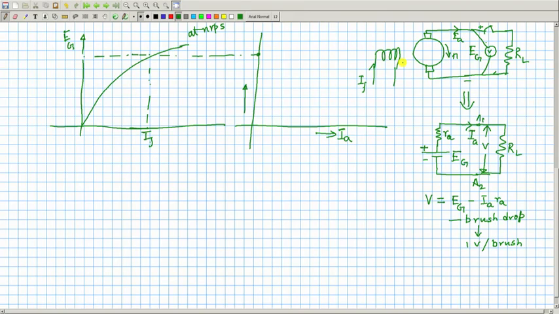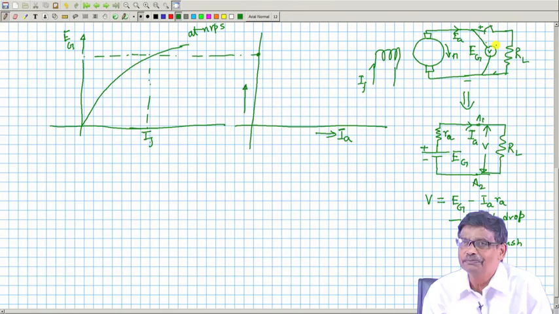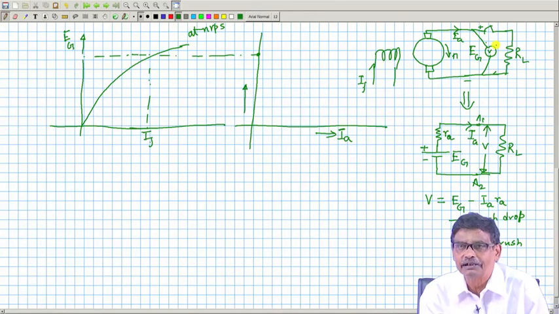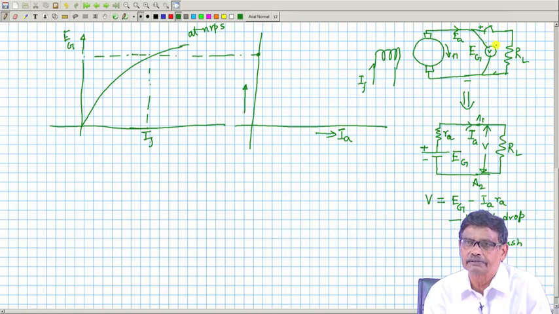Now, the brushes are carbon, and carbon has a negative temperature coefficient of resistance, that is, with larger current drawn from the armature, the carbon brush will have lesser resistance because of temperature rise. Therefore, the armature winding is represented by a resistance, but carbon brushes cannot be represented by a fixed resistance.